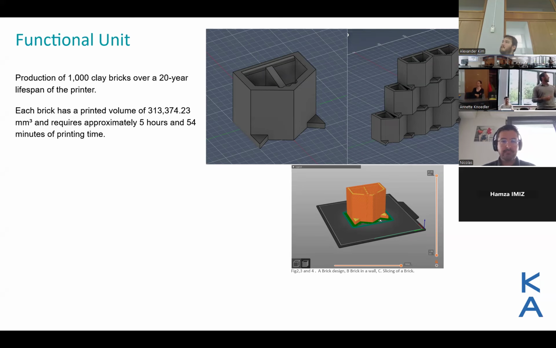In our estimations, we calculate the production of 1,000 of these clay bricks over a 2-year lifespan of the printer, and all the details of this prototype that we're going to print this semester. Also, how much time we need for every 3D printer to make every one of these 3D clay bricks.